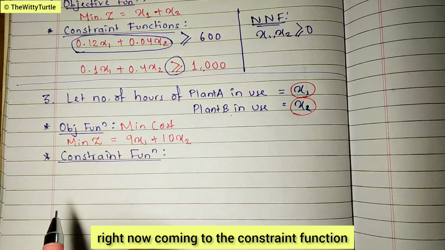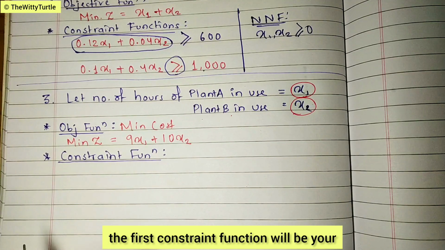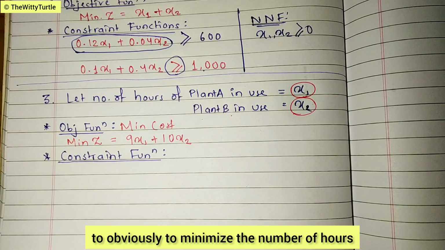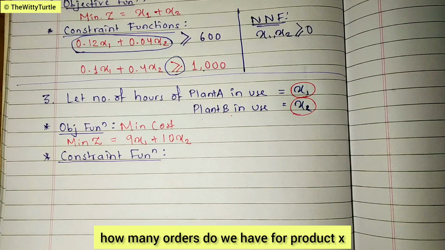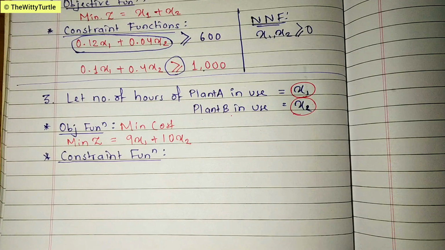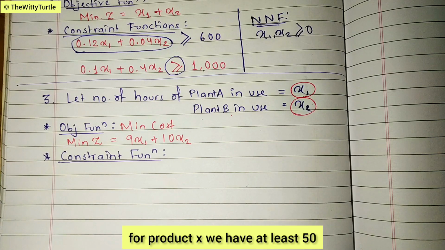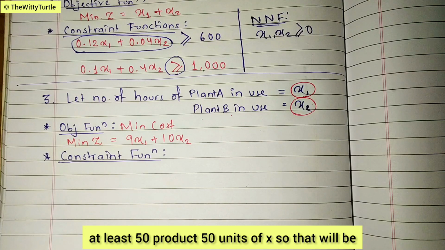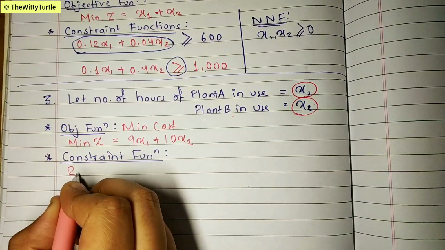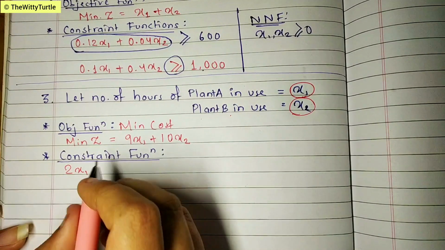Now coming to the constraint function, the first constraint will be to minimize the number of hours and also to fulfill the orders at the same time. So how many orders do we have for product X? For product X we have at least 50 orders in hand. So we need to manufacture at least 50 units of X. So that will be 2x1.